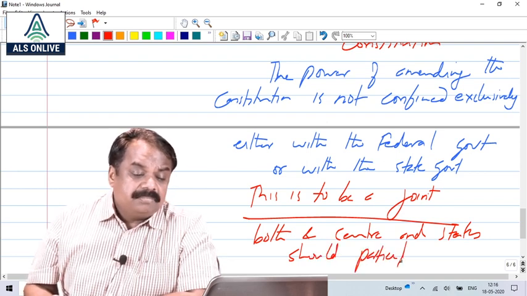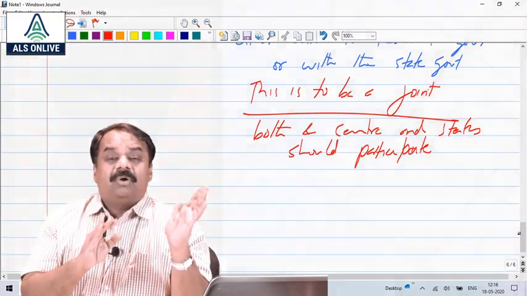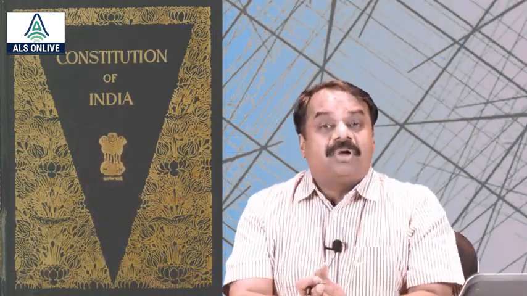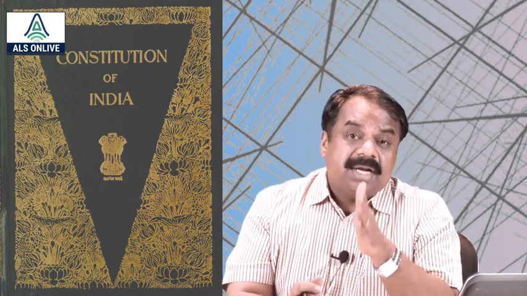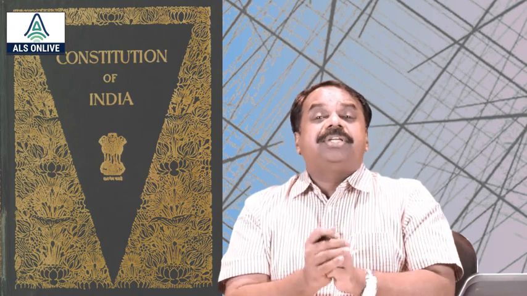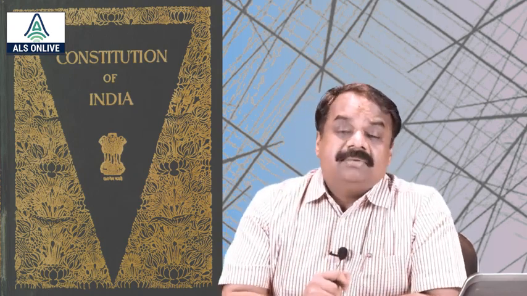In India, it is given in such a way that the Lok Sabha and Rajya Sabha should pass it with a specific majority. Then this matter will go to the state legislative assemblies. At least 50% of the states should approve. Then only a change in the power sharing can be made.